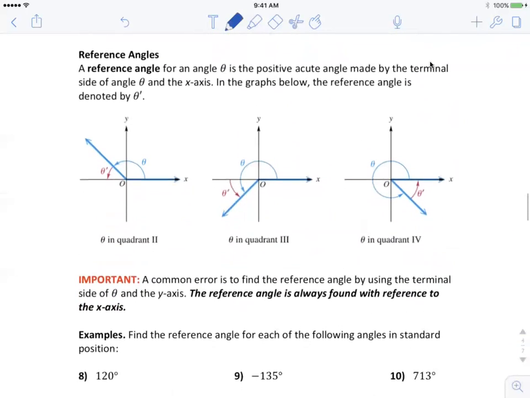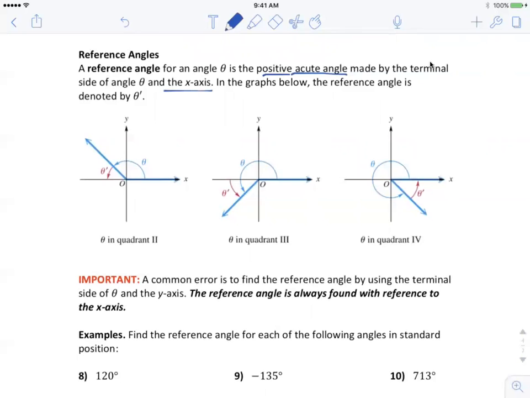Next, reference angles. Okay, so a reference angle for an angle, now we're going back to the standard position, the Cartesian plane, XY axis. It's an acute angle, positive, made by the terminal side and the x-axis. So those are the key words there. Positive, acute, made with the x-axis.